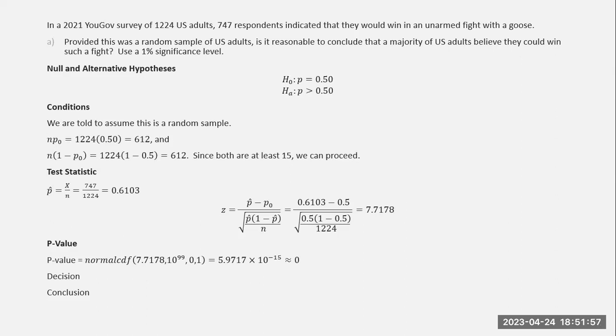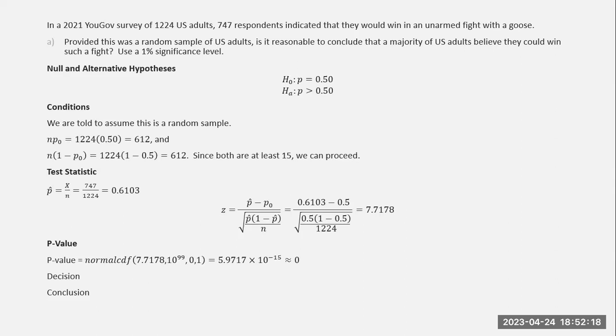Good. Now, the important part is you remember how we did that. You know, you use that normal inverse. Your lower bound should actually be the test statistic, right?